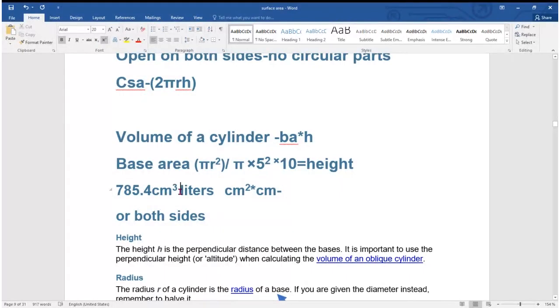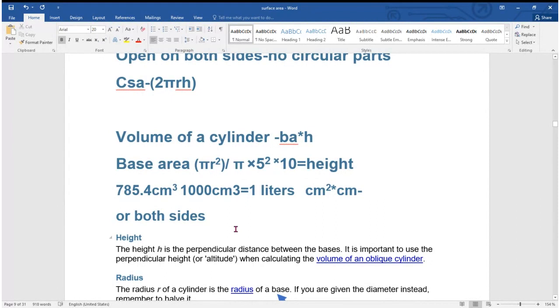You have to say 1,000 centimeters cubed make 1 liter. Okay. So 1,000 centimeters cubed is equal to 1 liter. So you can now convert.